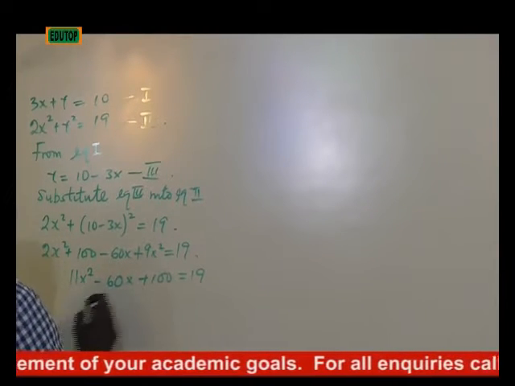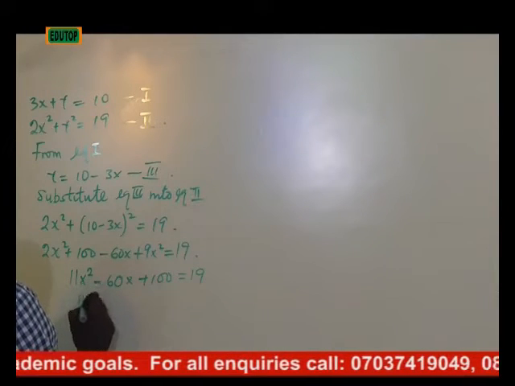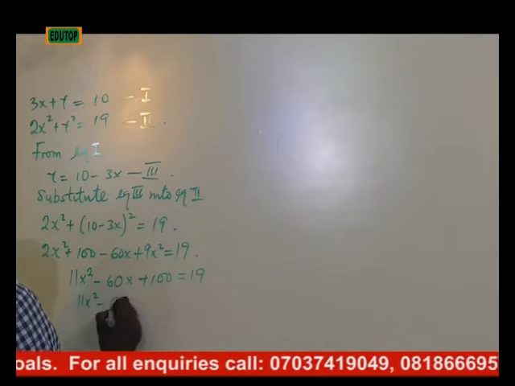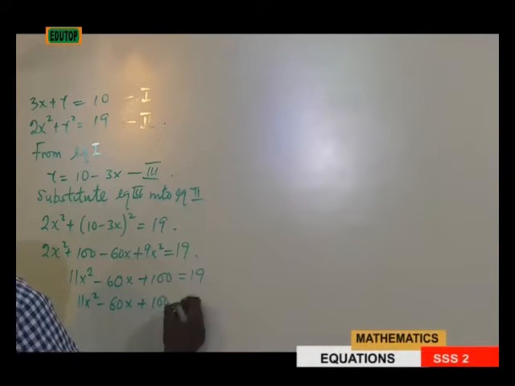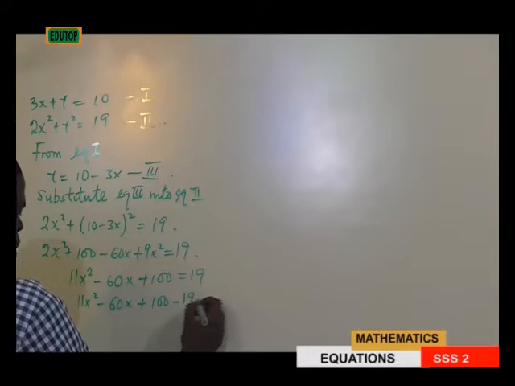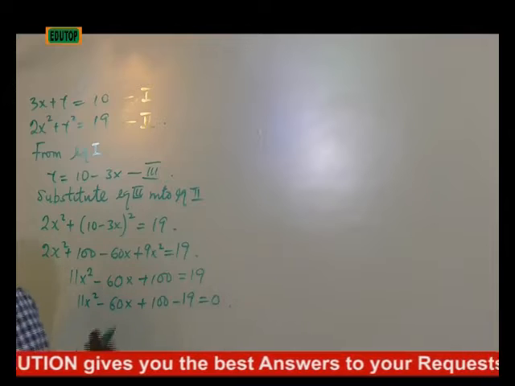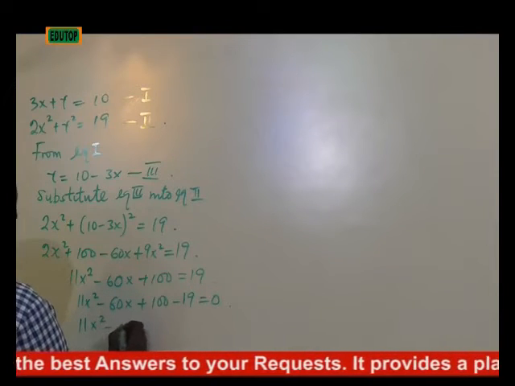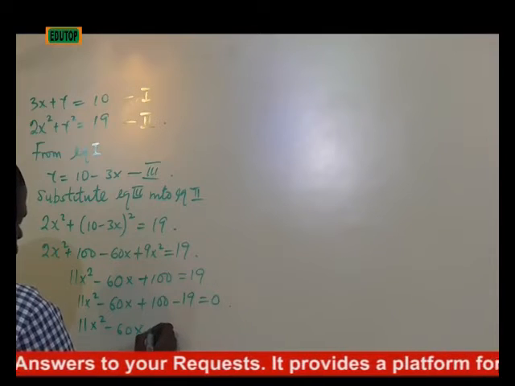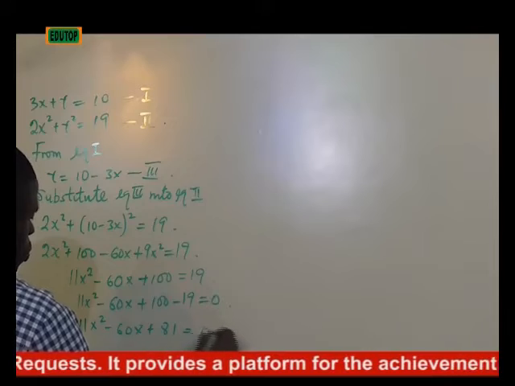So we have 11x squared minus 60x plus 100 minus 19 equals 0. Then we can simplify this further: 11x squared minus 60x plus 81 equals 0.